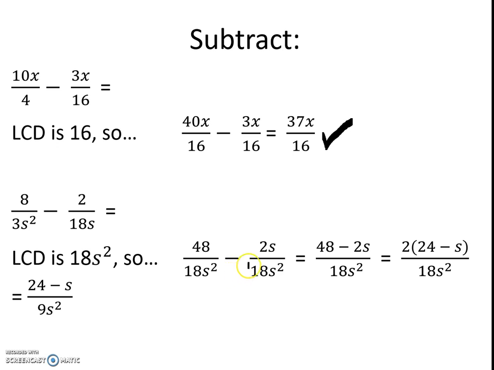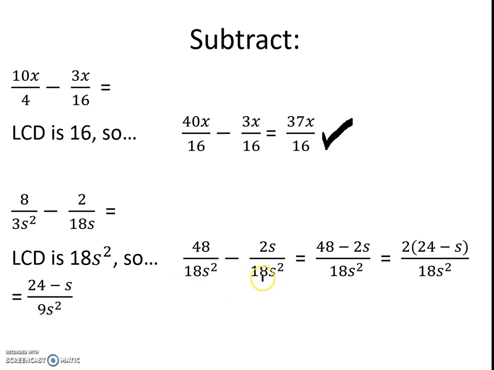We have minus 2s over 18s squared because we had to take it times s, because there was only s here in the denominator. In order to change it to 18s squared, again, we had to take s and s to make it equal to 2 divided by 18s.